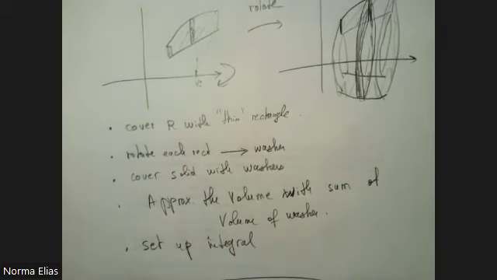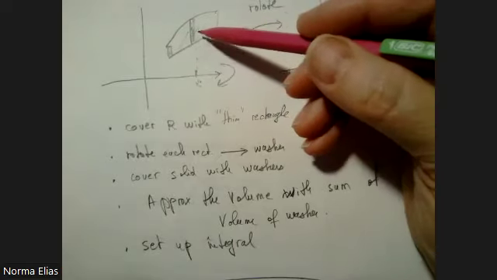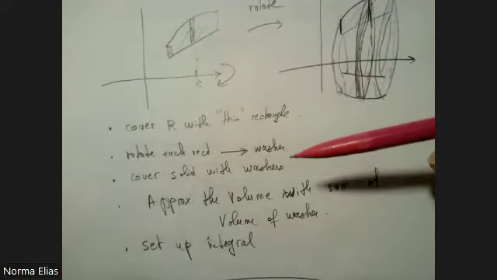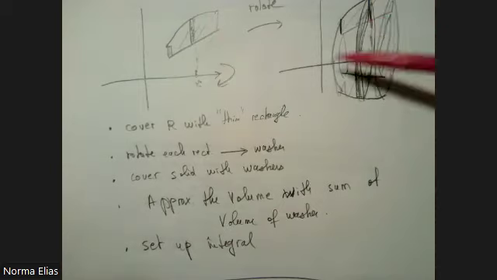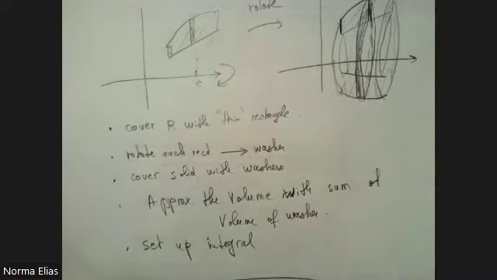Okay, that's the way we are going to do all those problems. So no formulas, we're going to do examples and you will figure out the formula. But that's really our approach. We are going to cut this into little rectangles. We rotate each. By doing this, we are covering this solid with a bunch of washers. We find the volume of each one of them and then we add them up. So, examples. Let's start with examples.